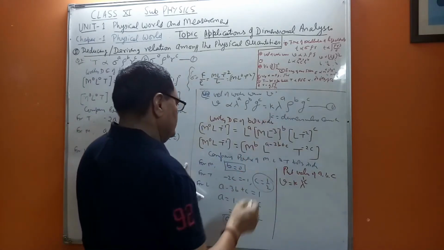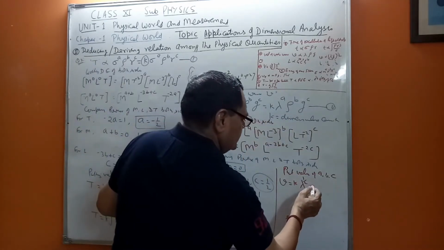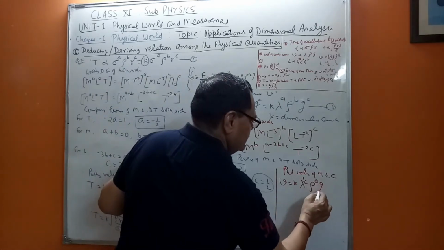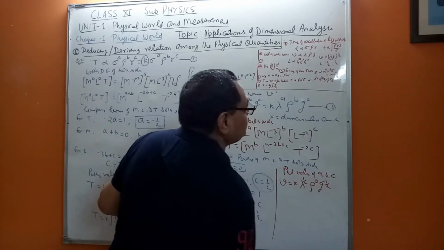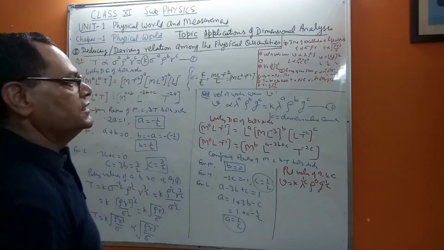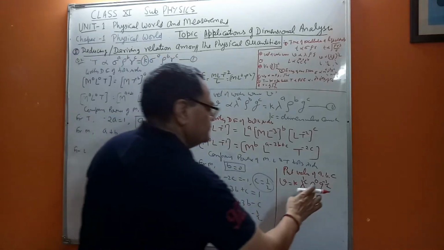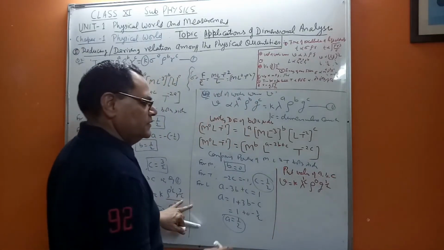Now density rho, that's B, so density, but it was 0, and acceleration due to gravity is minus half. No, it's positive half. Yes, it is half.